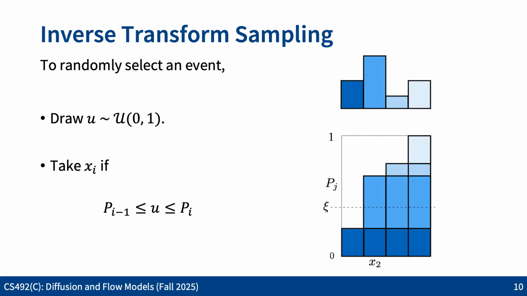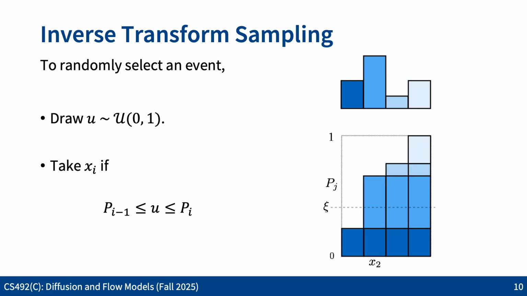We are seeing the CDF from this axis, not that axis, sampling one point from 0 to 1. That becomes the probability, and we see where the point falls into one of the bins here.